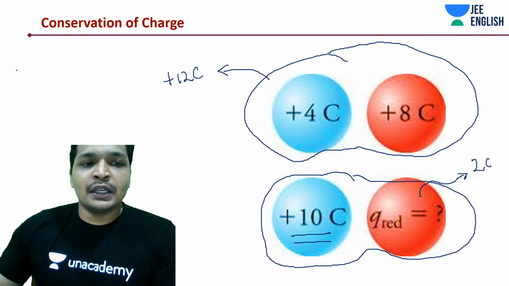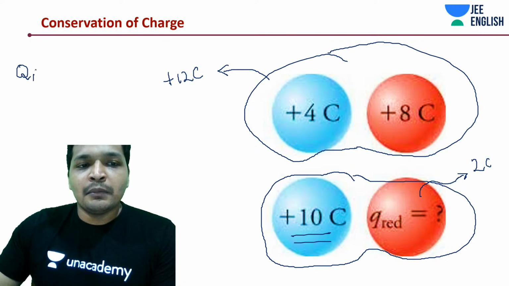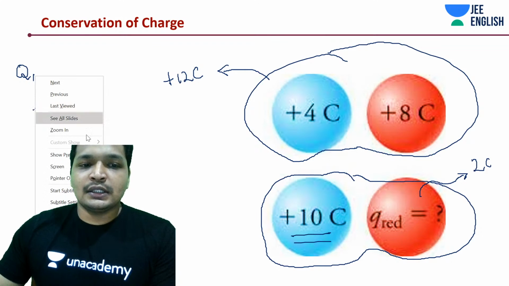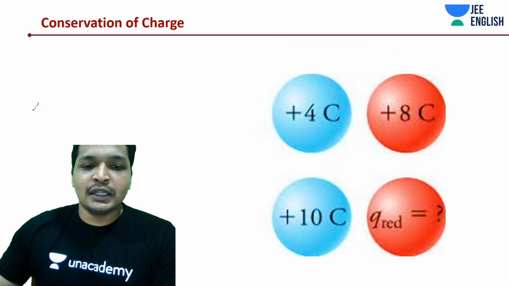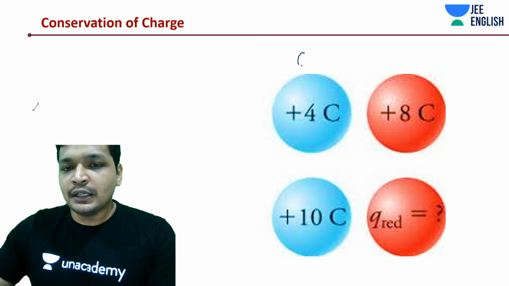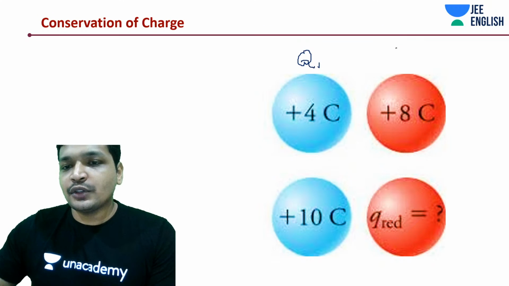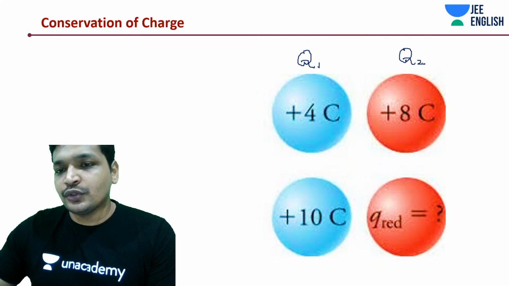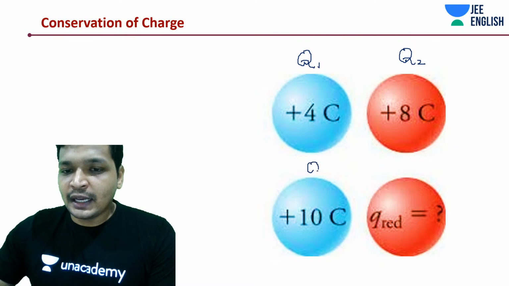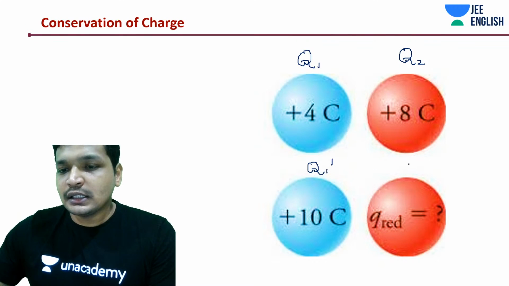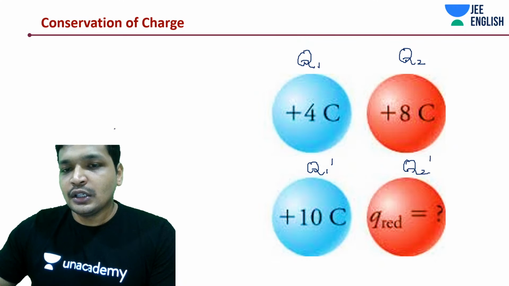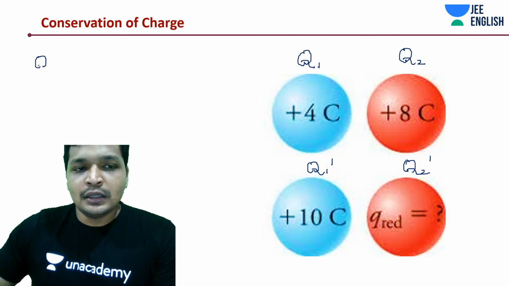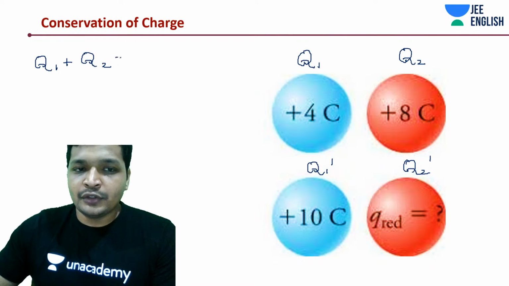Let's write it down as a way of indicating it. I'm going to call this Q1, this Q2, this q1 dash, and this q2 dash. So q1 plus q2 equals q1 dash plus q2 dash, a very important property, though it's very simple math.